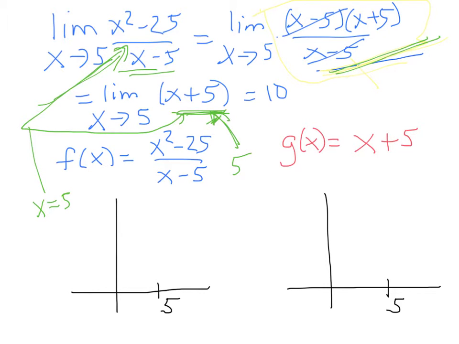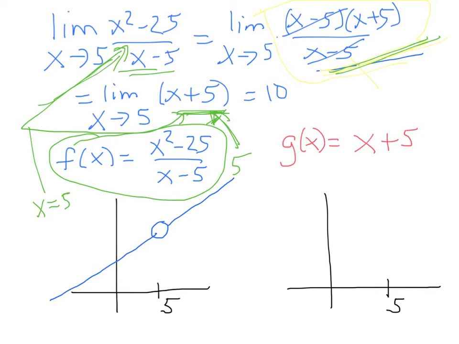All right? So graphically, for f of x equals (x squared minus 25) divided by (x minus 5), that graph is a line because you did the division, but it has a hole at 5.